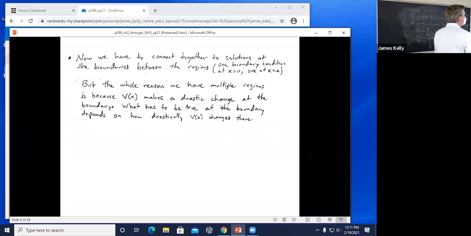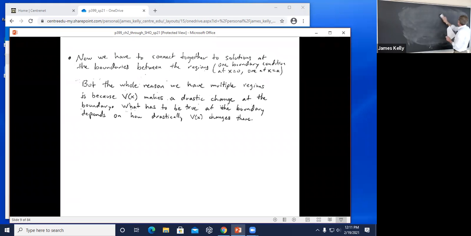And what exactly has to be true of psi at a boundary depends exactly on how drastically the potential changes there. So let's consider what has to be true of psi as you cross that boundary in this problem and in some other problems. In other words, as you're going from one region of V to another, let me unshare the screen now.